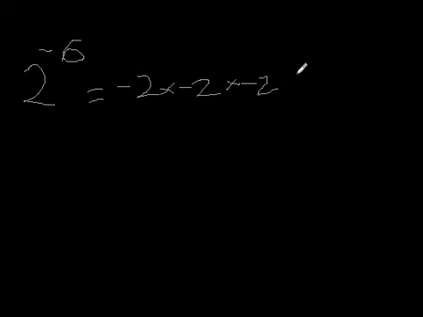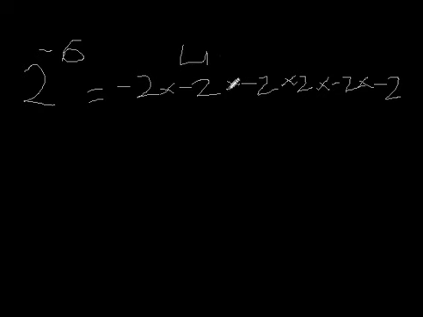If we have negative 2 to the power of 6, that's an even exponent, so this must give us a positive number, right? So it would be negative 2 times negative 2 times negative 2 times negative 2 times negative 2 times negative 2. Negative 2 times negative 2 is positive 4.